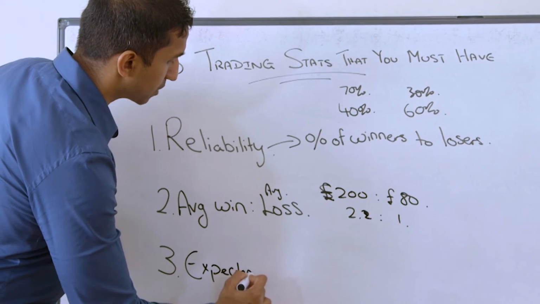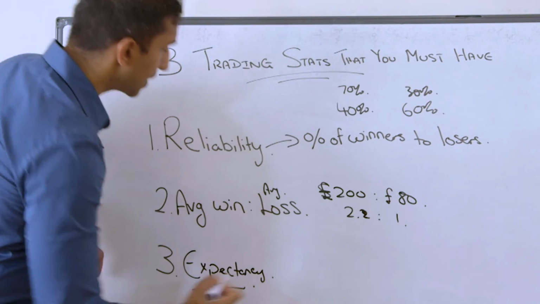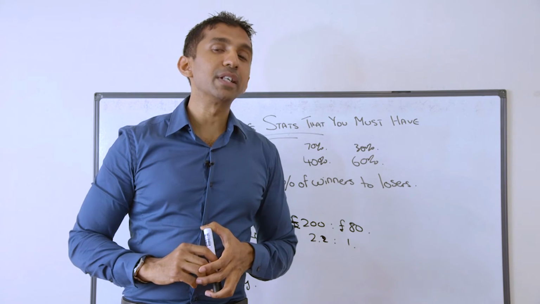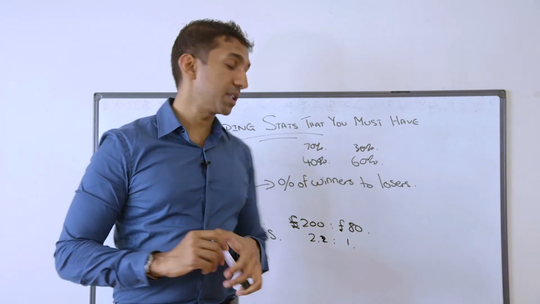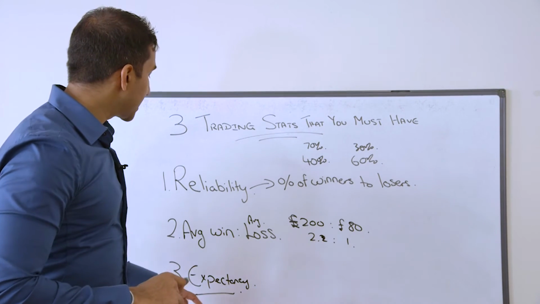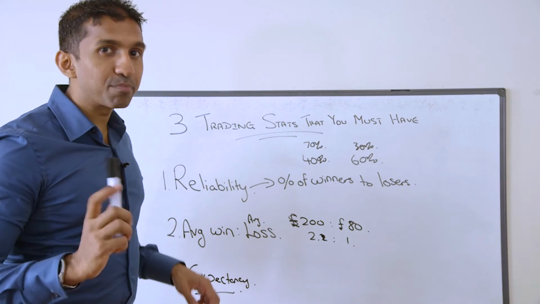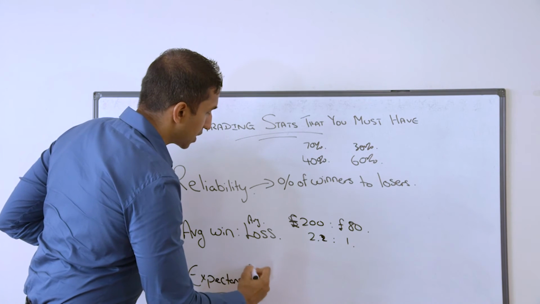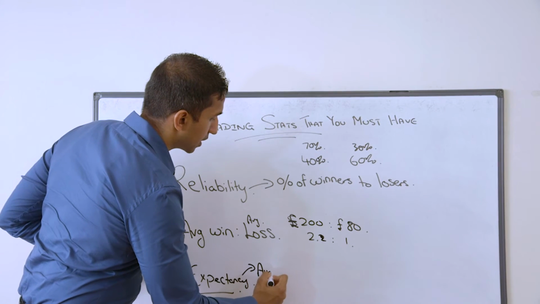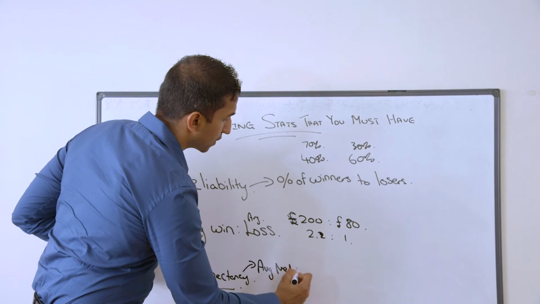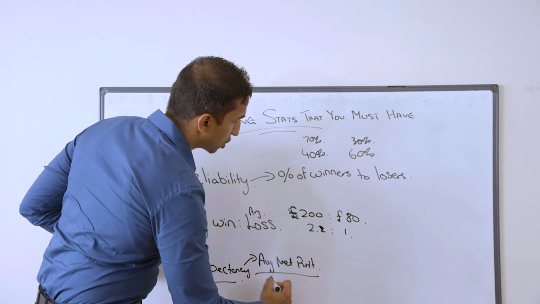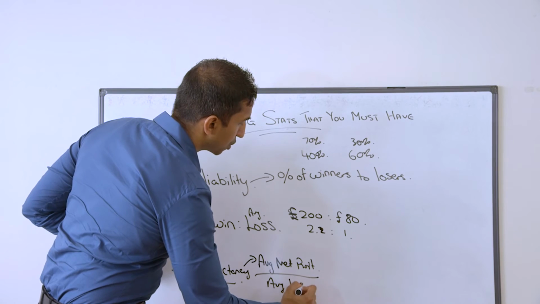In terms of expectancy, what you're looking at is your net profit, and not just net profit, the average net profit. Average net profit over your average loss gives you your expectancy.